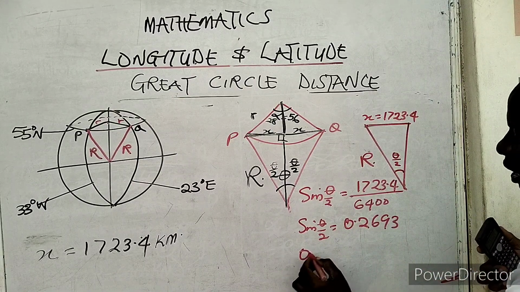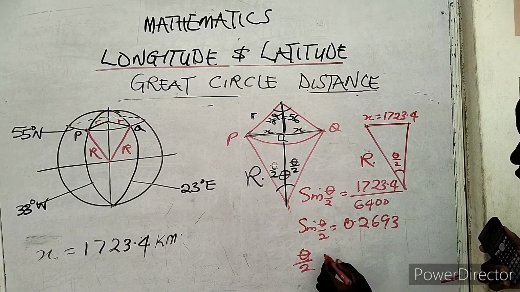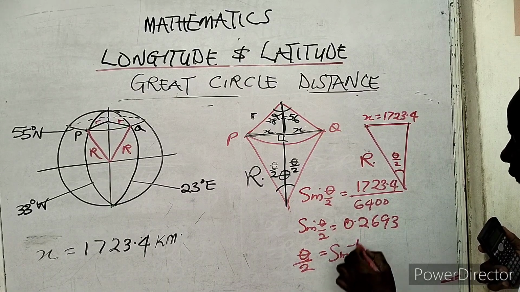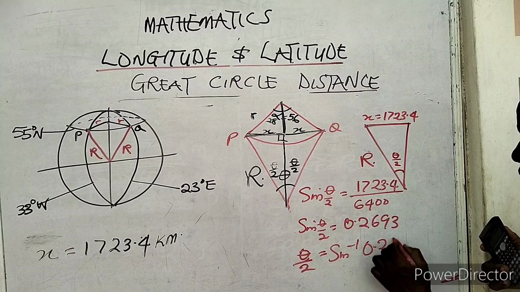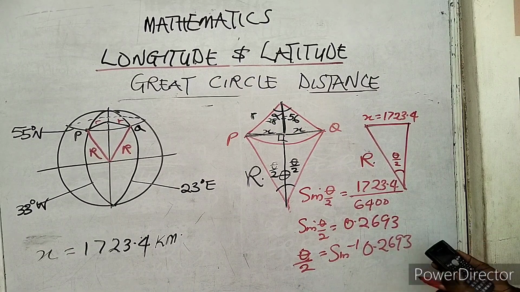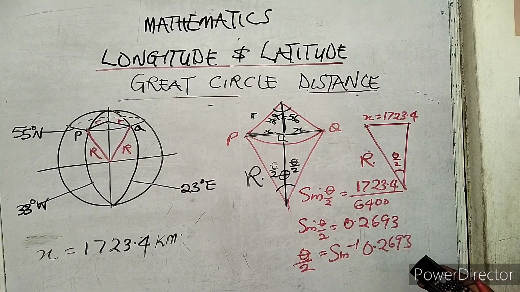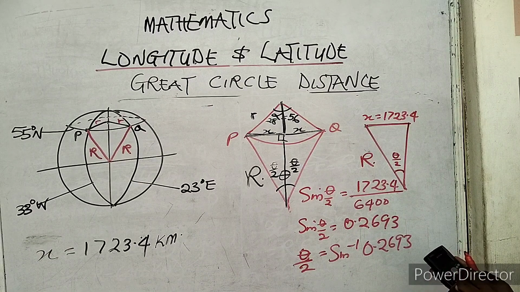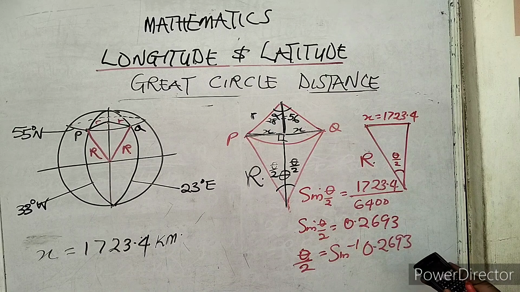So let me find the second function for theta all over 2. Second function of 0.2693, that is sine inverse of 0.2693.